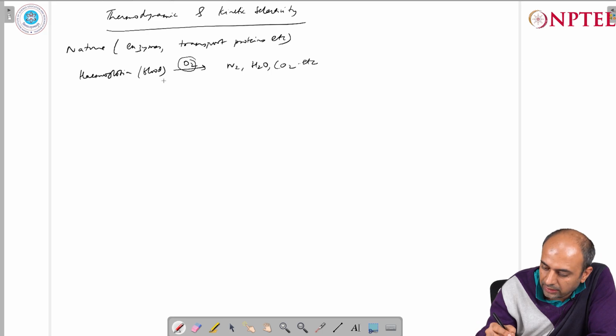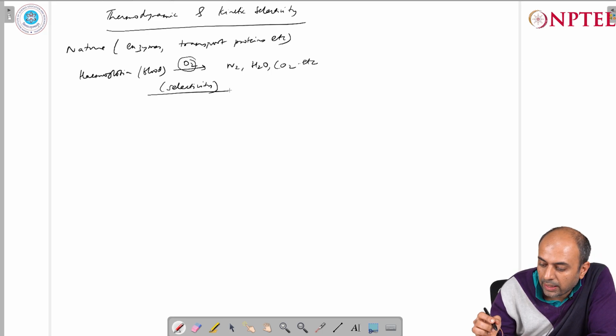So, in this case we need selectivity, and in this regard, both thermodynamic and kinetic selectivity are important.